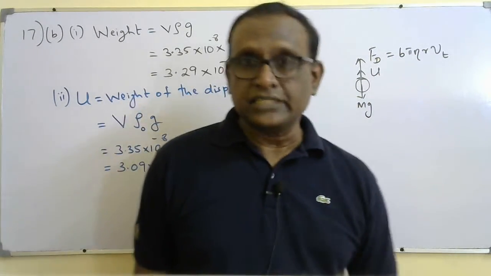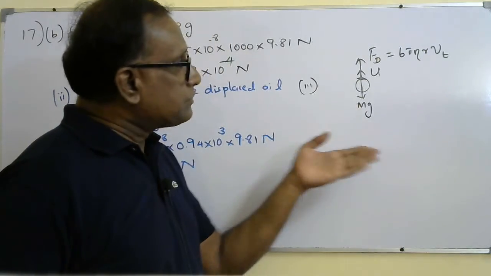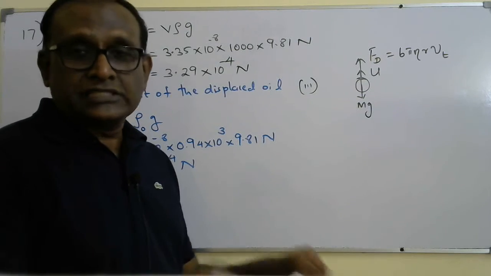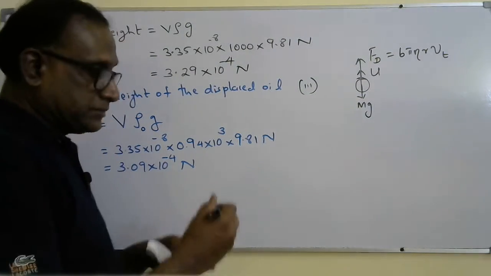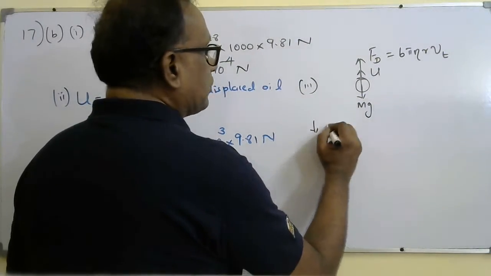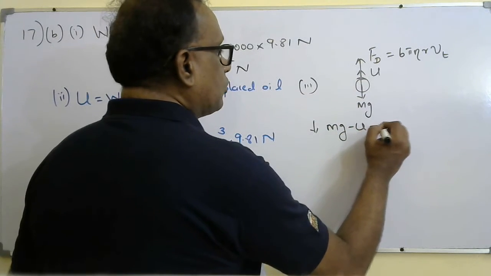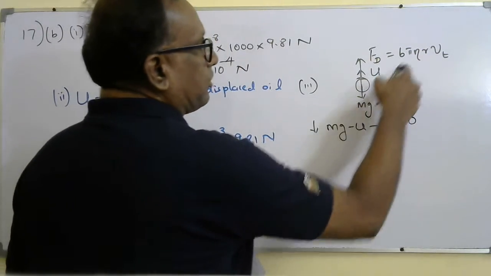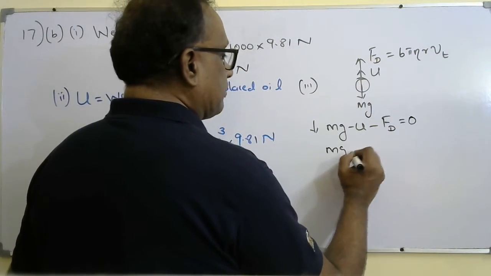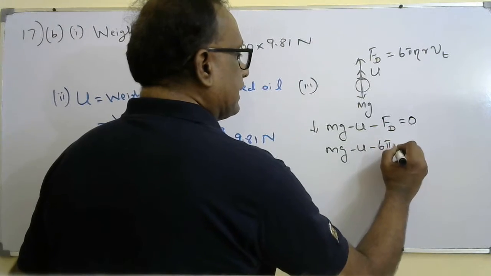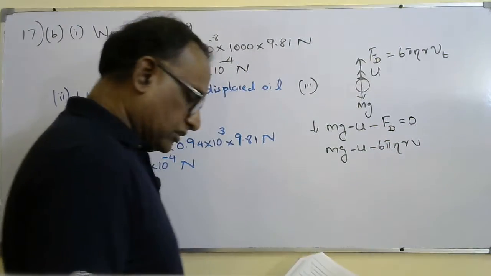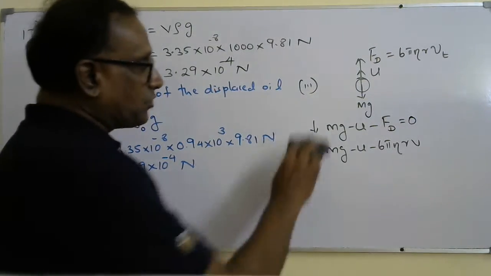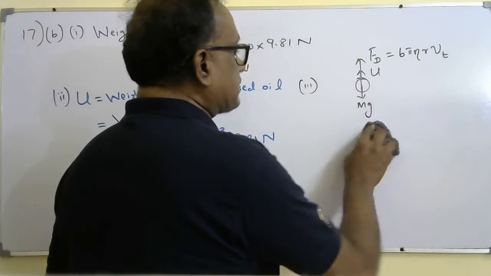You should know the condition to use Stokes' law. At terminal speed, the resultant force must be equal to 0, because terminal speed is the speed at which acceleration equals 0. So downwards, mg − U − Fd = 0, where Fd = 6πηrv. So mg − U − 6πηrv = 0, but here we need to find the radius. Radius is not given, so we'll find the radius first, then substitute it here.